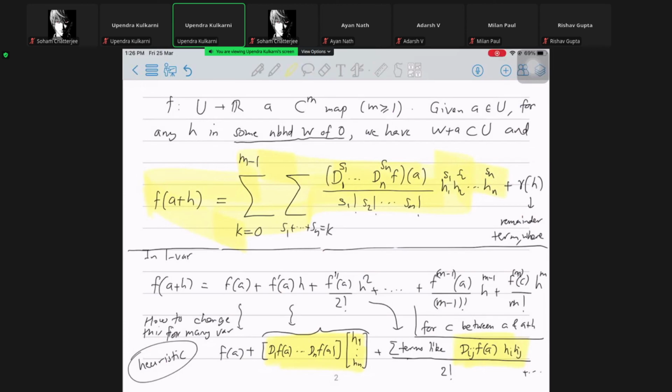Now calculate the various partial derivatives of this at the point of interest, when h is equal to 0.